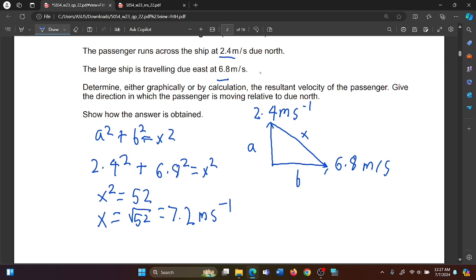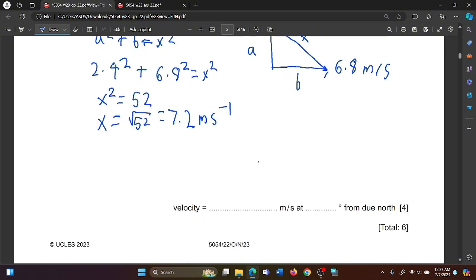We have one more part to this question: it asks for the direction in which the passenger is moving relative to due north. We know the magnitude is 7.2 meters per second. So let's write the magnitude first, 7.2 meters per second. And now we need to find the angle. If this is north and this is the resultant velocity v, we need to find this angle, theta, at some degrees from due north.